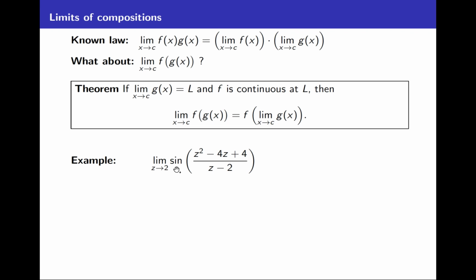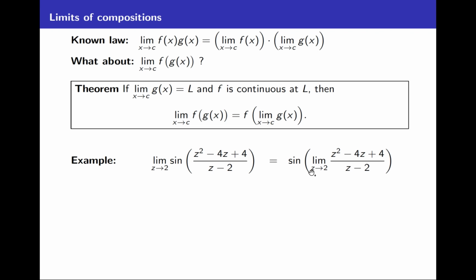So we're composing it with sine. Now, how would we work this? Well, the outside function sine is like the function f here. Sine is continuous at all numbers c in its domain. So because of that, this limit law says that we can move the limit inside the sine.